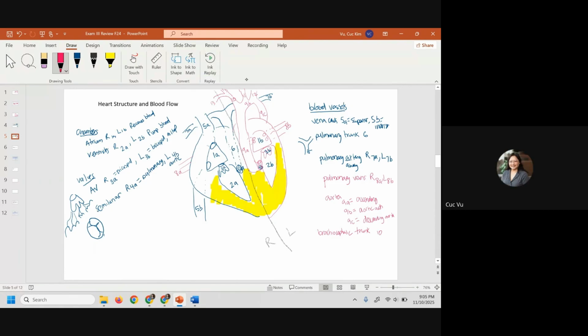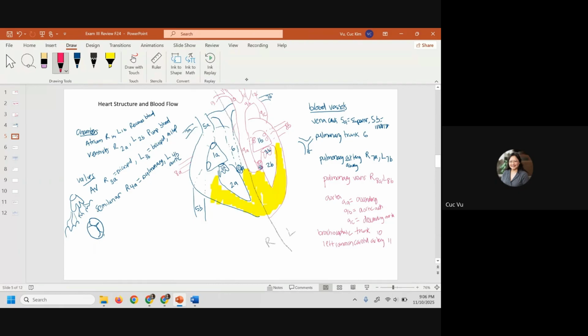So what would you call that? Left cephalic? No. It's got to go through your neck first. Oh, the carotid? Yes. So number 11 would be your left common carotid artery. You have to have all of that if that's the image you have to identify. So that's number 11.